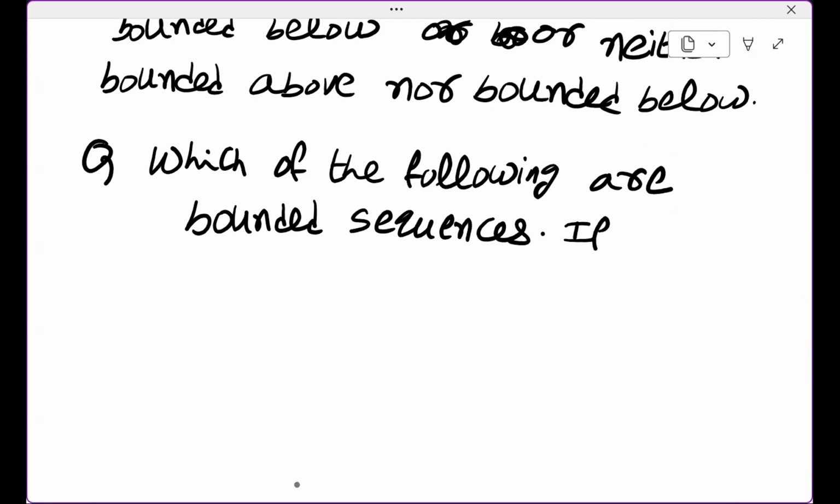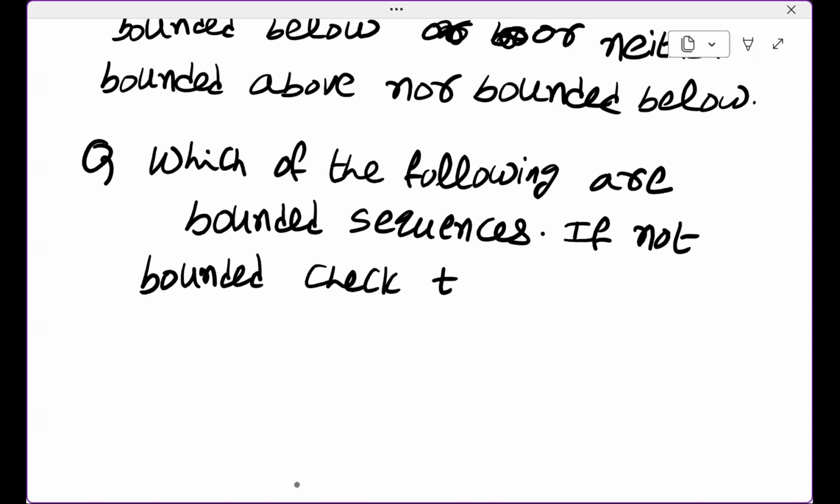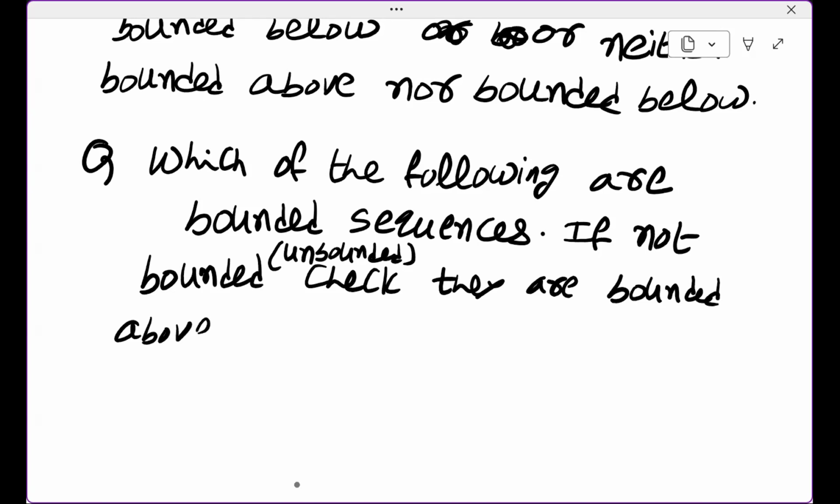If not bounded, check. If not bounded means unbounded. If unbounded, check whether they are bounded above or below, or neither.